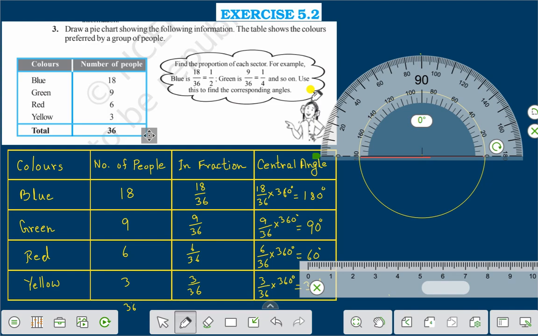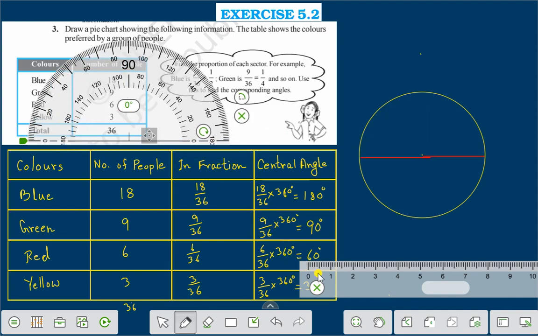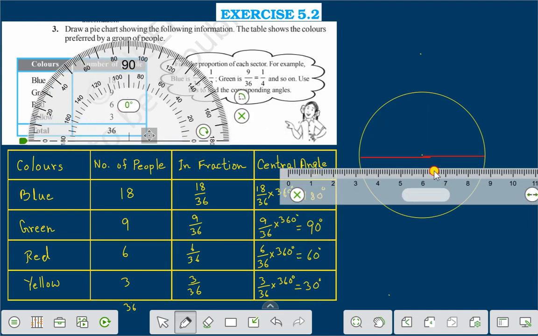Right? Now with the help of the ruler, we will draw this line.